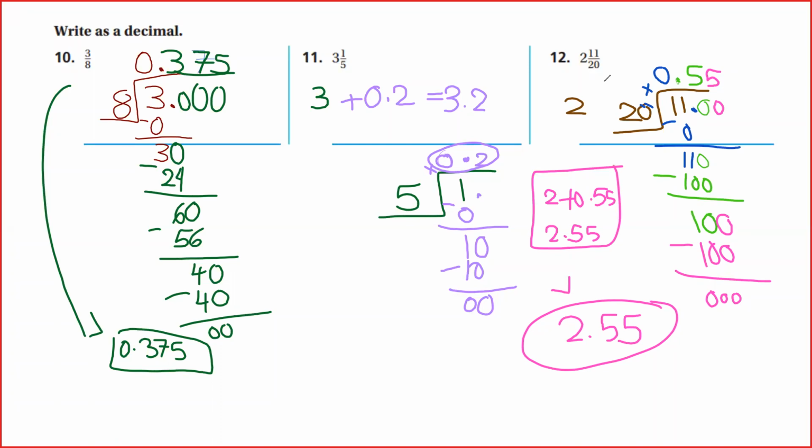That's why I convert 11 over 20 to 0.55, and we add it to 2.